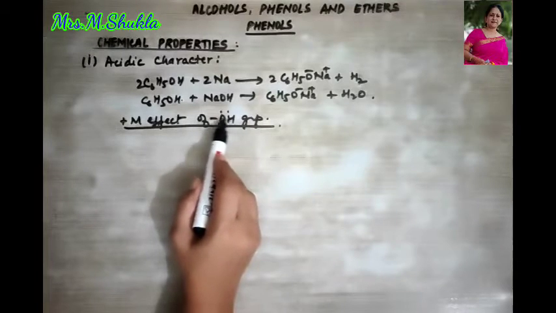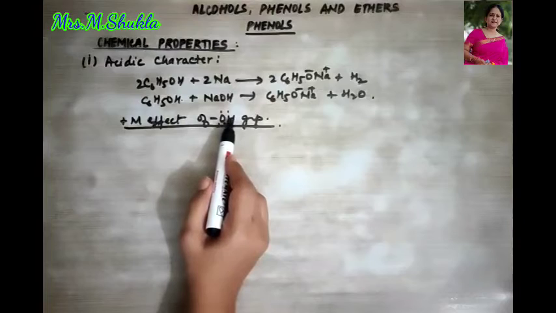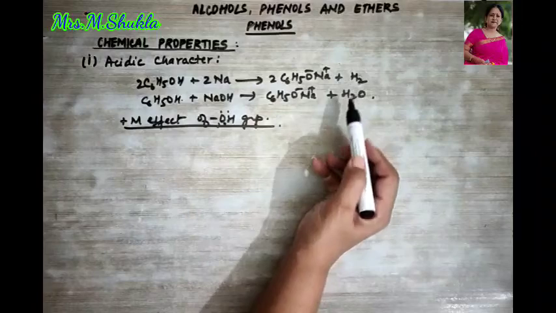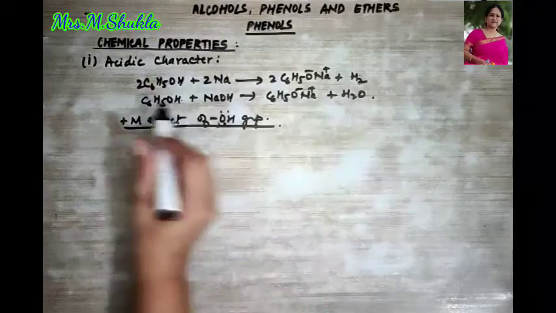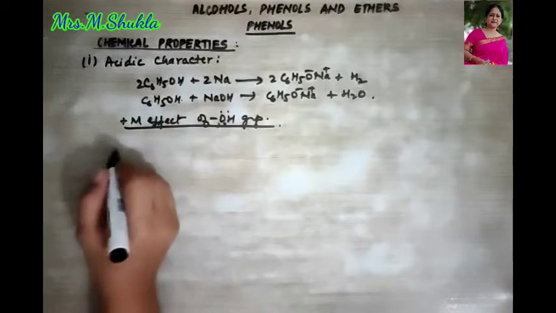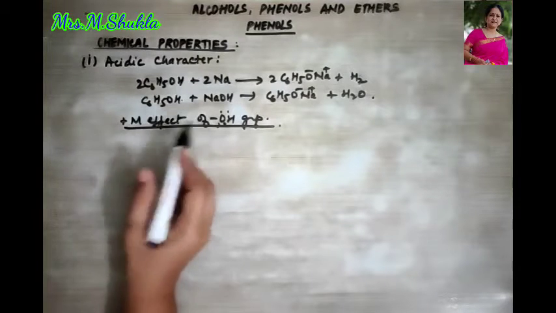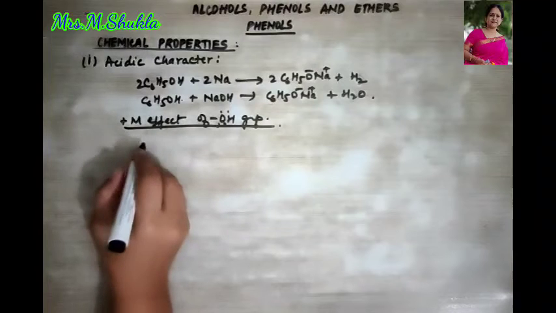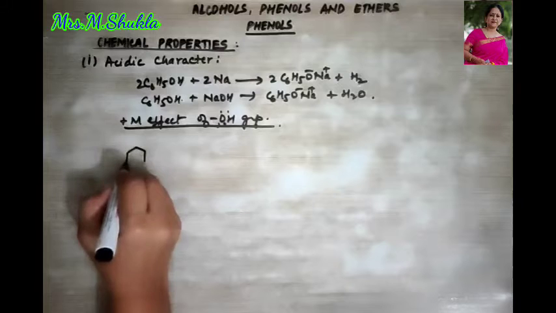And this weakening of the OH bond and the removal of hydrogen as a proton, to form either hydrogen gas or a water molecule, explains the acidic character of phenols. So here you are going to see the resonance structure, how I can explain the plus M effect, or plus mesomeric effect, of this hydroxyl group, right?